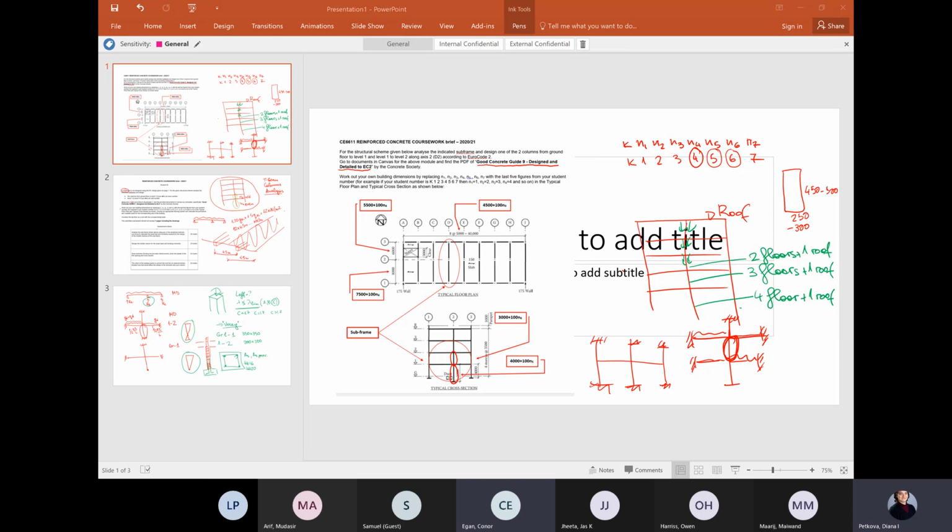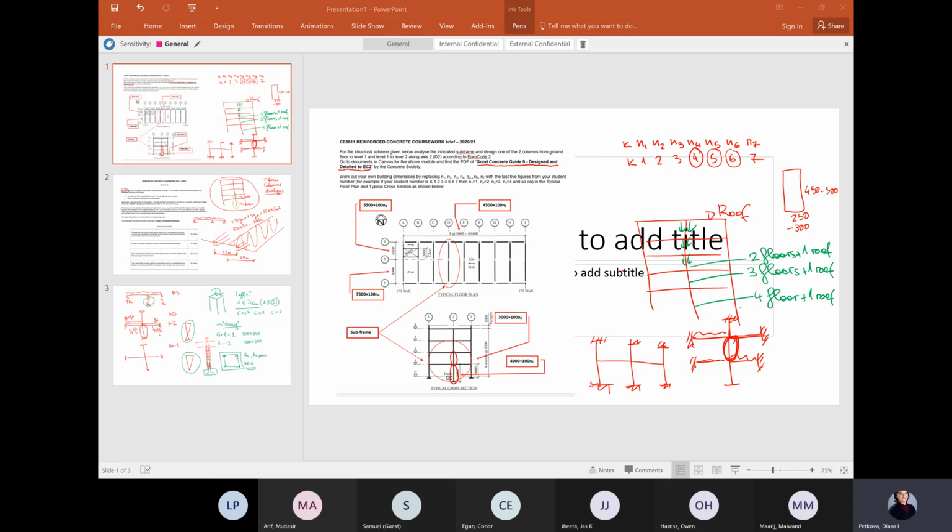So your bottom column would be 4.5, 4 and something meters. Your other column, if you're designing level 1 to 2, should be 3,000 millimeters plus, so 3 meters something.